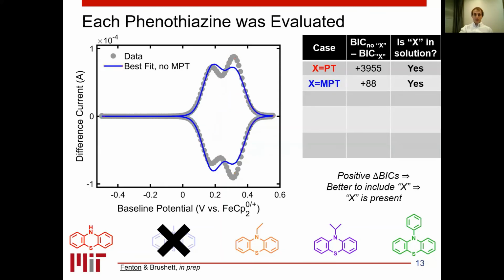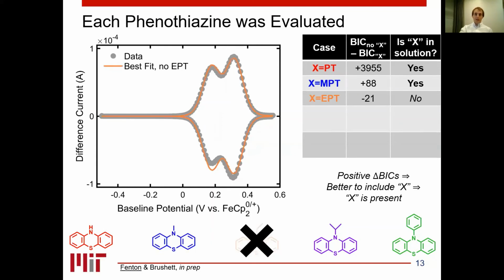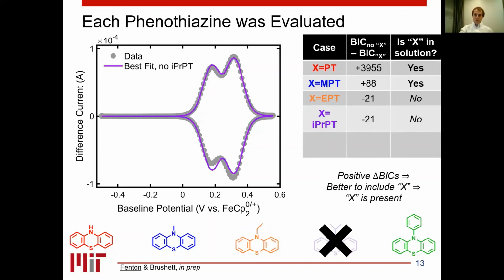And the case is similar with methylphenothiazine, even though the fit is visually better compared to that of unsubstituted phenothiazine. Now, with ethylphenothiazine, we see that the fit is just as good without ethylphenothiazine as when ethylphenothiazine is included. As a result of this, we can say that, no, we believe ethylphenothiazine is not in solution. And the case is the same for isopropyl and phenylphenothiazine.